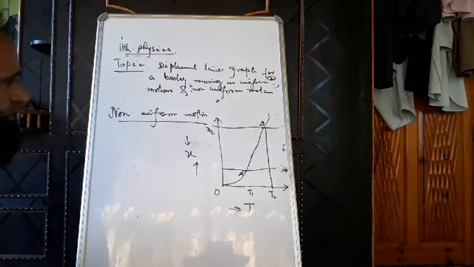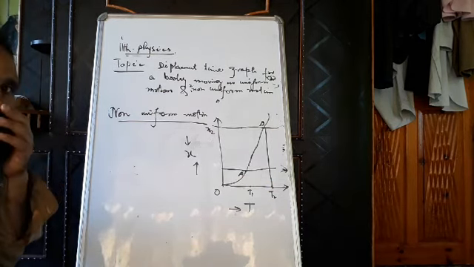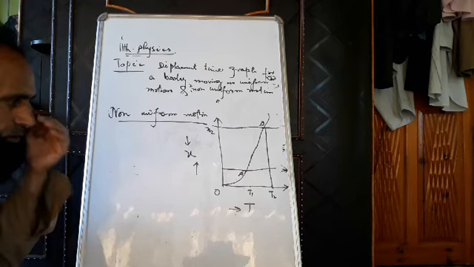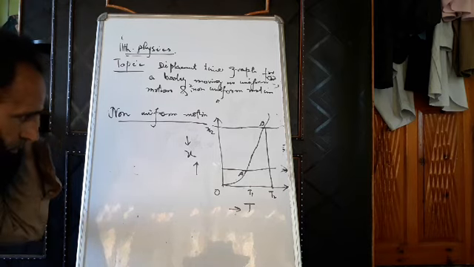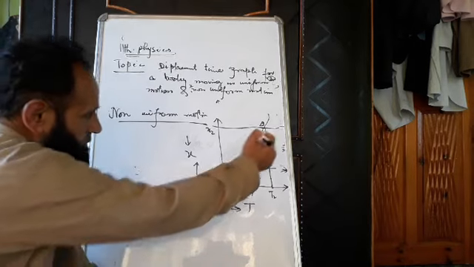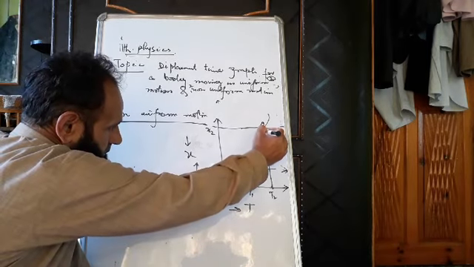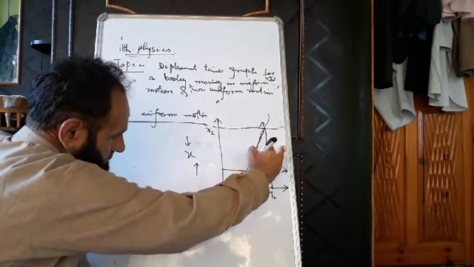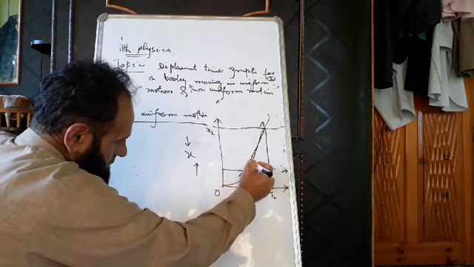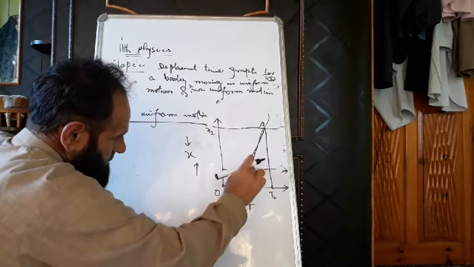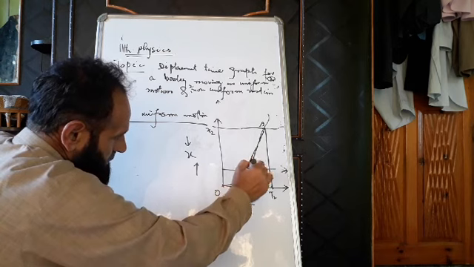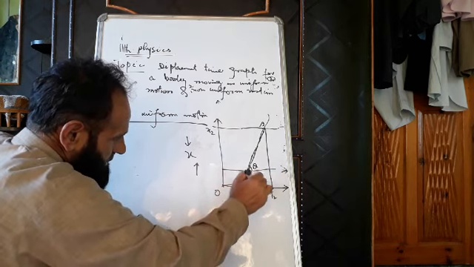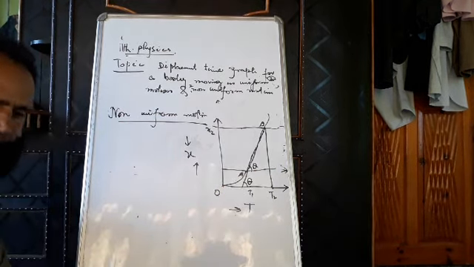The slope of a graph for a body moving in a non-uniform motion: we can draw a straight line with angle theta here and also angle theta here.